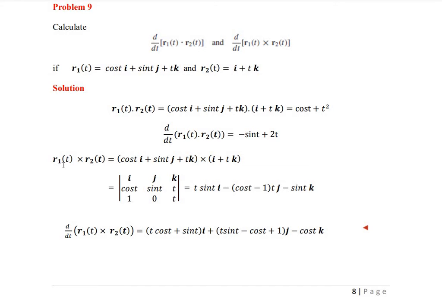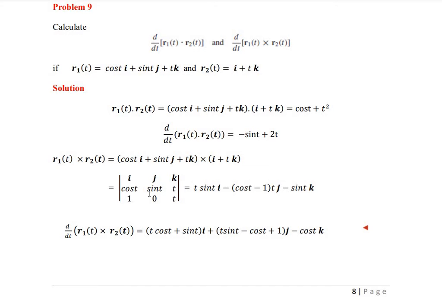Then you find the cross product of the two vector variable functions. So you use that formula: i cap, j cap, k cap. Then the components of the first vector variable function, that is cos t, sin t, t. So you write that here. Then the next function is vector r2 of t, whose components are 1, 0, t.